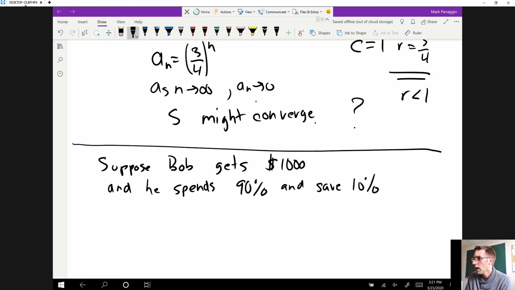Okay, and let's suppose that when he spends it, all of those people that receive the money that he spends do the same thing. And so everyone else is going to spend the money they receive.